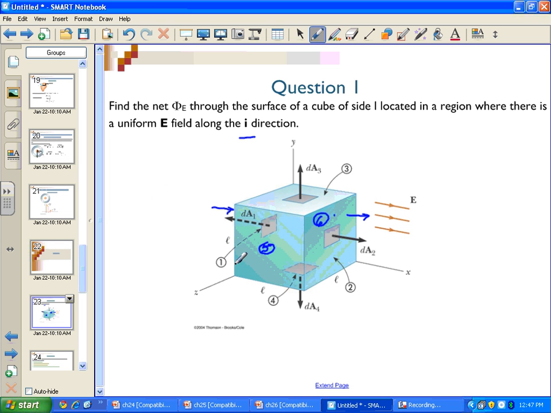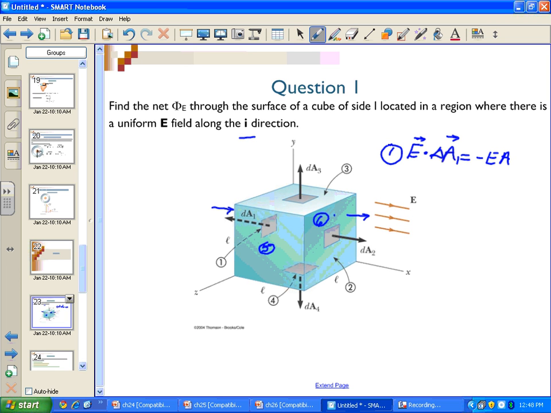In face 1, we have an electric field which is in the i-hat direction, but when we take a dot product of the electric field with the area normal of face 1, because they are opposite to each other, we get a contribution of minus EA.